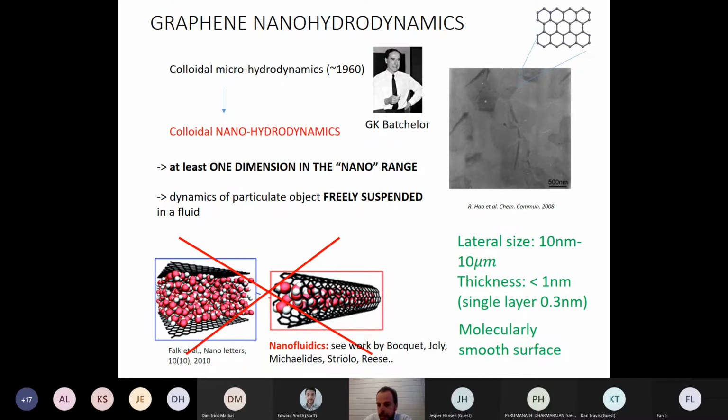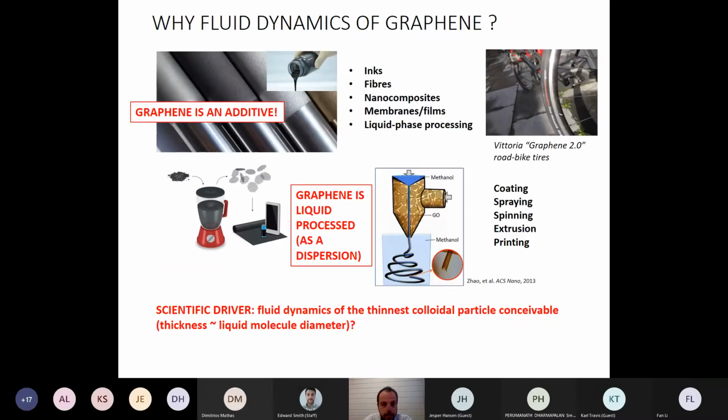But the thickness is unambiguously very small. Graphene is essentially a single-atom monolayer of carbon atoms, one atom thick. There are many estimates of the thickness, but we are always talking about less than 1 nanometer. And it has a very smooth surface, and this has many implications.